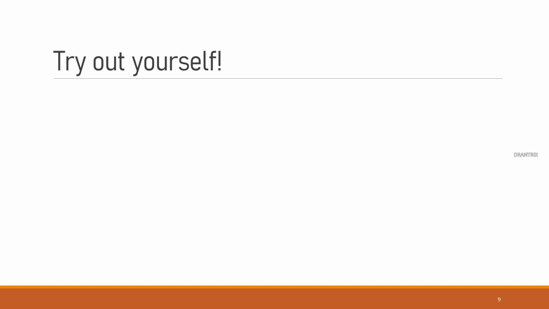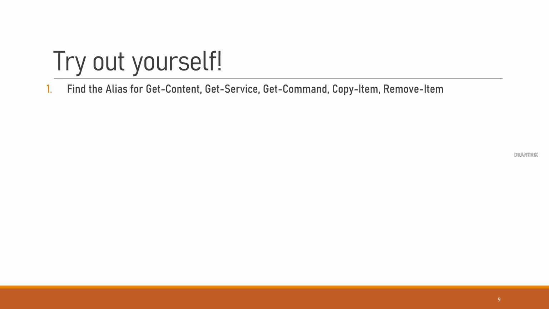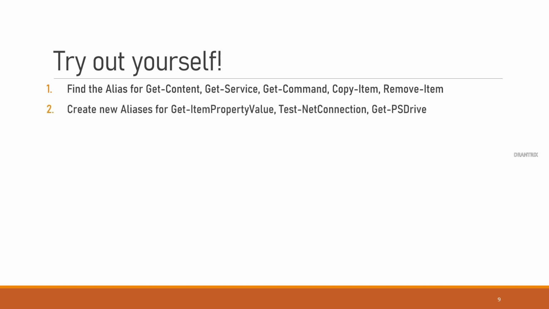And the next thing is for you, so try it out yourself. These are like homework, because in the last sessions I did not give you any homework, but I thought giving homework and letting you try out yourself will make you remember things and understand more clearly. So you have to find the aliases for Get-Content, Get-Service, Get-Command, Copy-Item and Remove-Item.